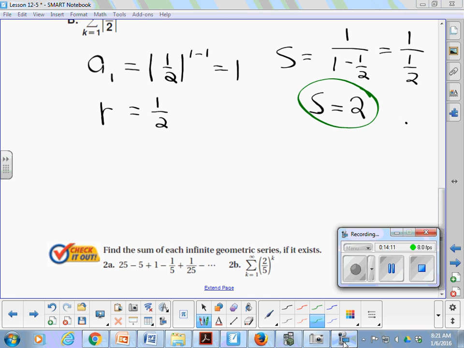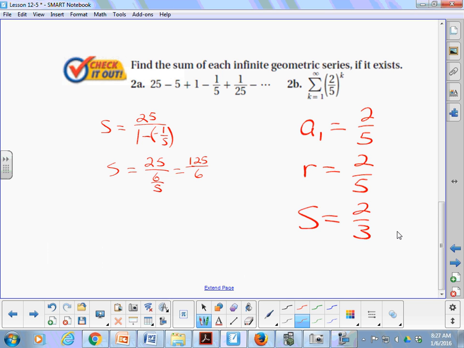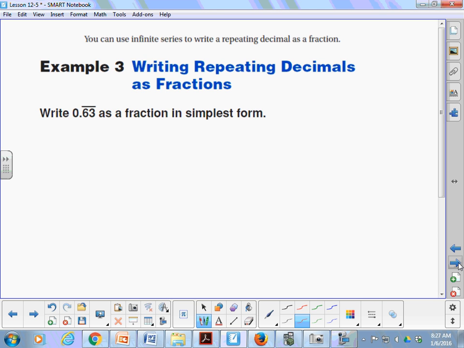Okay. The last example is the hardest one, as usual. But actually, it's very easy. This is one of the easiest lessons that we've done this year, because those first two are pretty easy, right?